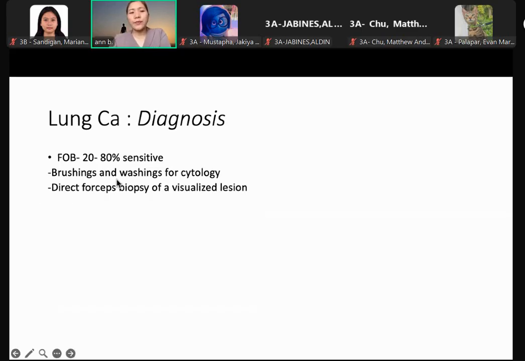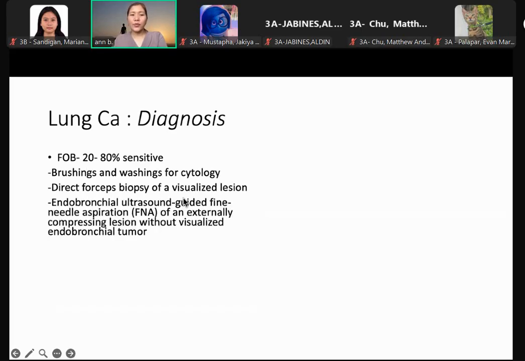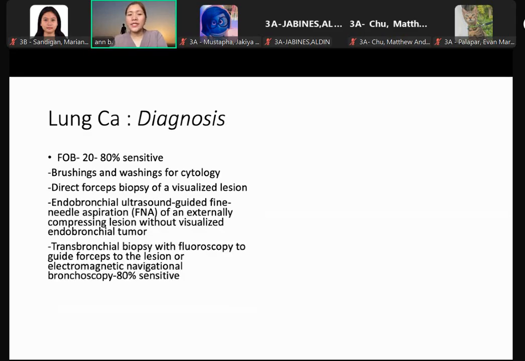In FOB, we could do the brushing and washings for cytology, and direct forceps biopsy of a visualized lesion. We could also do the EBUS, or endobronchial ultrasound guided fine needle aspiration biopsy, for the externally compressing lesions or the endobronchial tumor. We also have the transbronchial biopsy with fluoroscopy to guide forceps to the lesions, or electromagnetic.